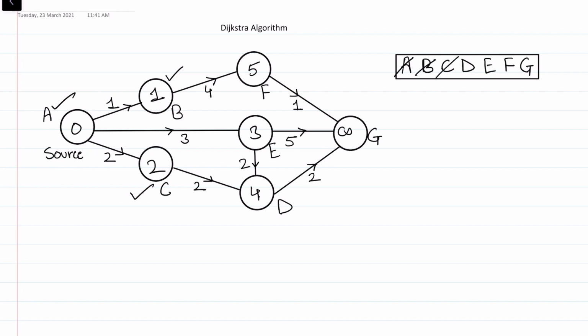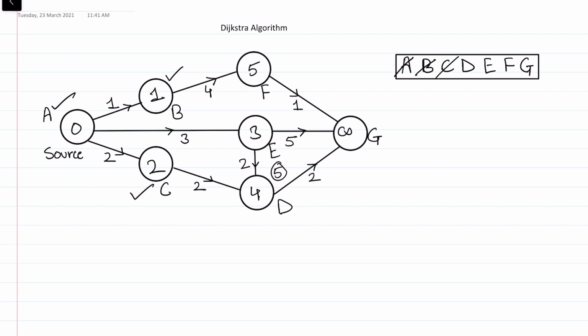Again we find the smallest distance value, which is node E, or 3, and we relax all the outgoing edges from E, which in this case are D, with 4, and G, with infinity. Now upon relaxation of edge from E to D, we have 3 plus 2, which is 5.